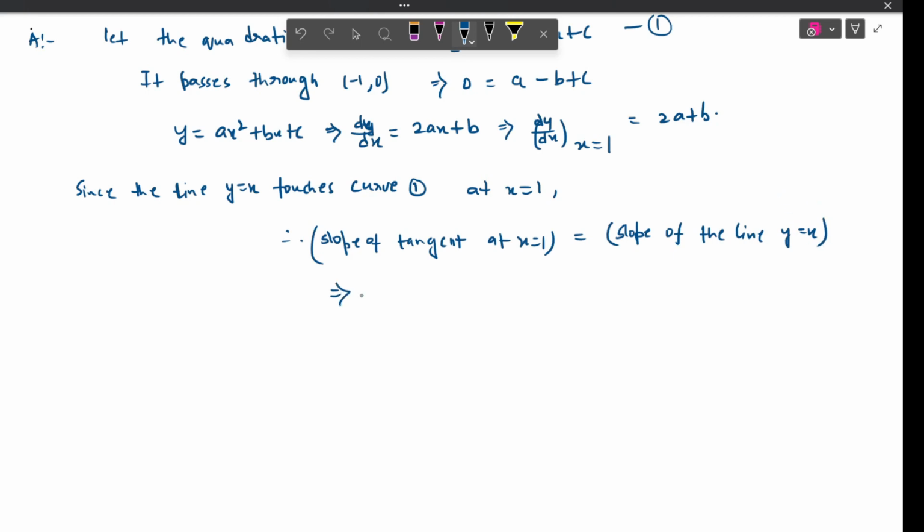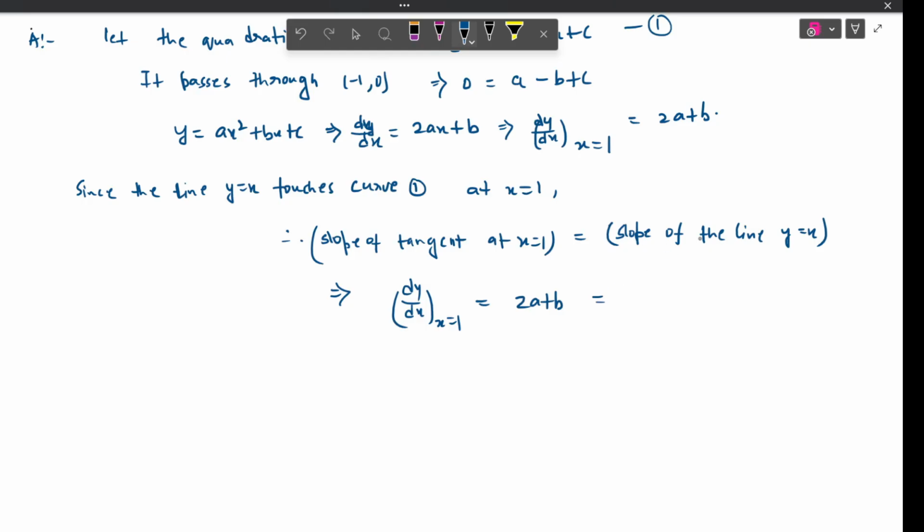Okay, so slope of tangent is dy by dx at x equals to 1, and this dy by dx at x equals to 1 is 2a plus b.